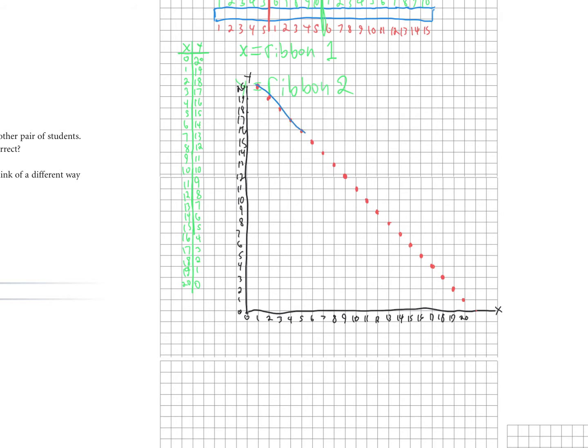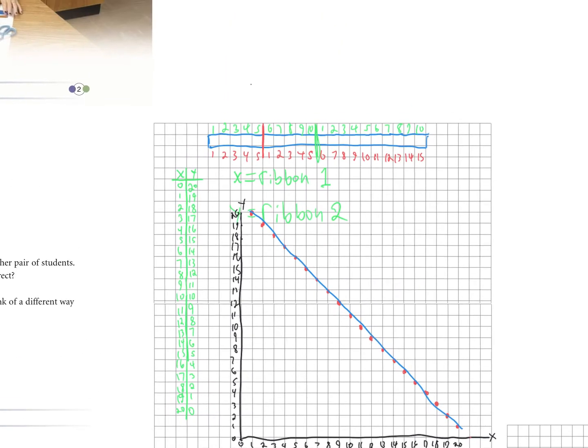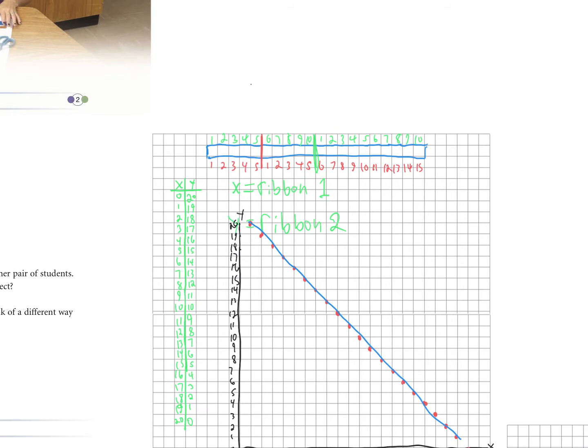The reason I'm going to join them is because we have to think about the type of data we're working with. If I were to scroll back up and look at our ribbon, all of the examples where I cut the ribbon were at a full 5 centimeters, or a full 15, or a full 10 and another full 10.